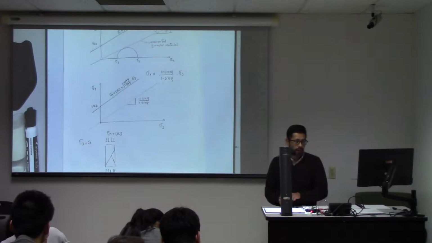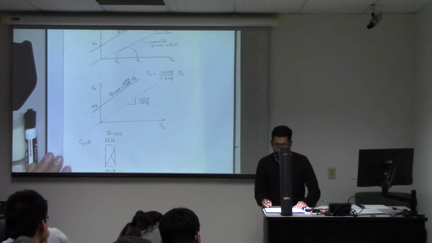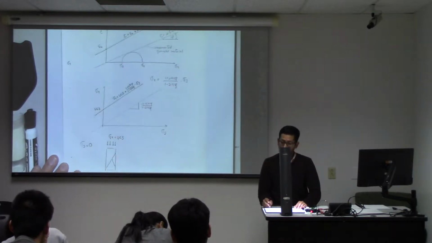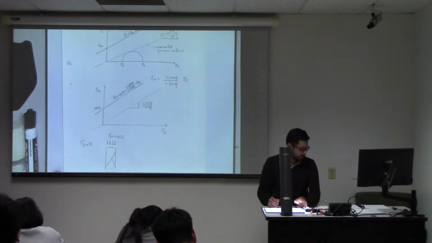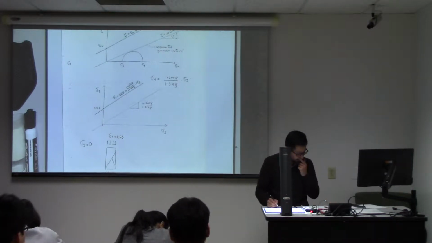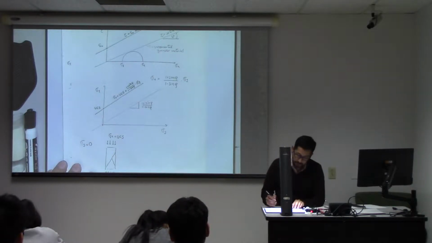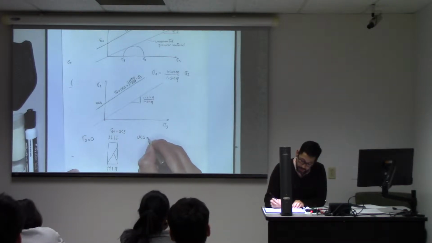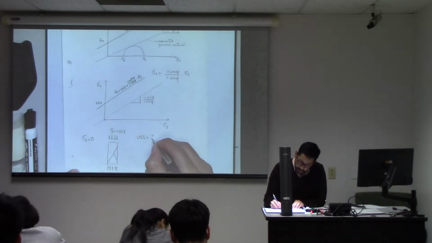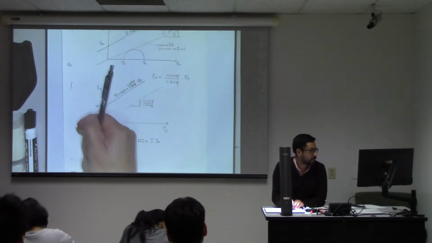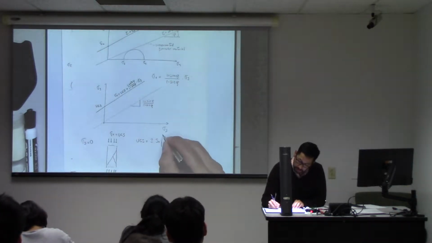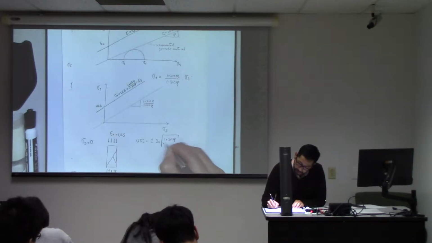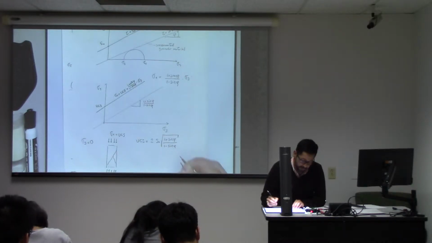Similarly to the relationship that we found between sigma 1 and sigma 3 for the stress sensitive part, also working with the Mohr circle, you can do some trigonometry, and you will find out that this UCS value is equal to 2 times the cohesive strength, which is that intercept over there, times the square root of (1 plus sine of phi) over (1 minus sine of phi).